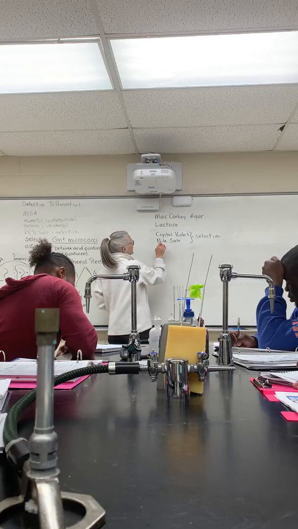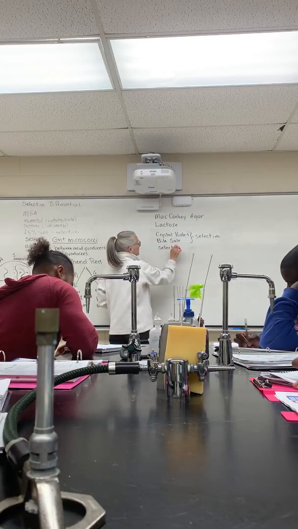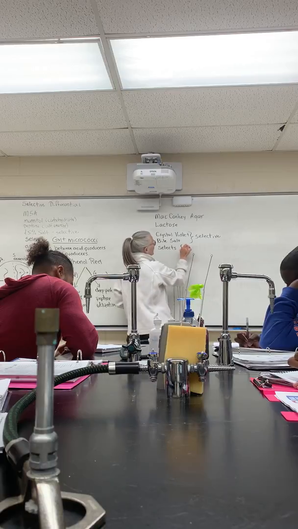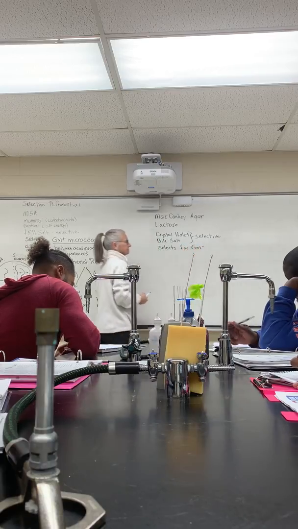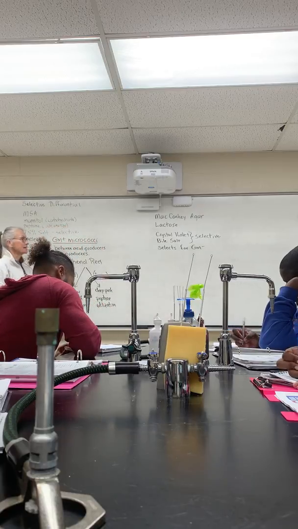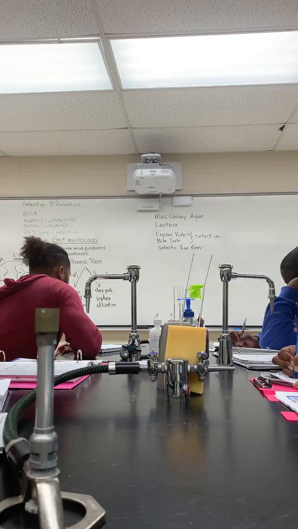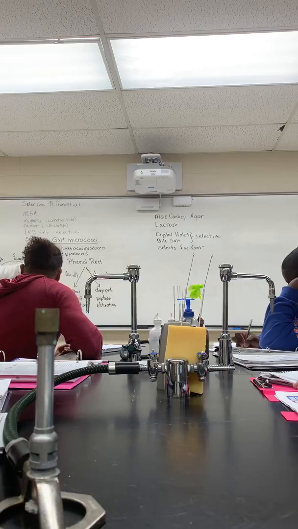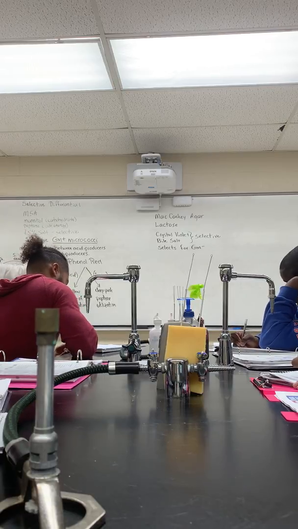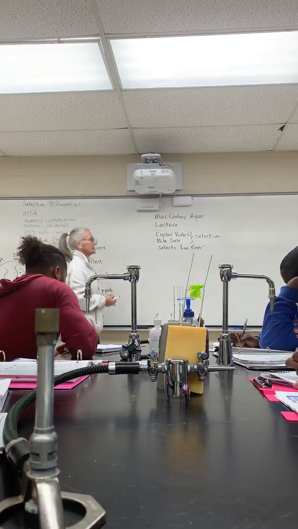This one selects for gram negative. Remember, Staph aureus and Staph epidermidis are both gram positive. So if you streak those on MacConkey agar, they won't grow. It's selective for only gram negative.